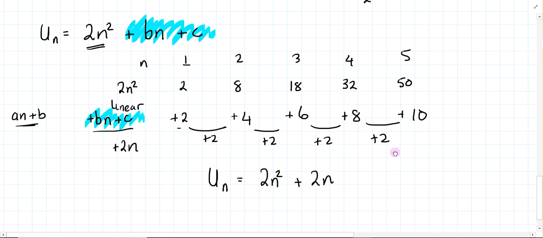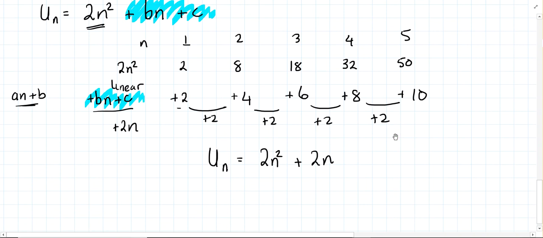But instead I did 2n squared minus the sequence already, which gave me 2, 4, 6, 8, 10, and then plus 2, which is 2n. And then how I do the linear, go back, minus 2 is 0, so it's just 2n squared plus 2n.